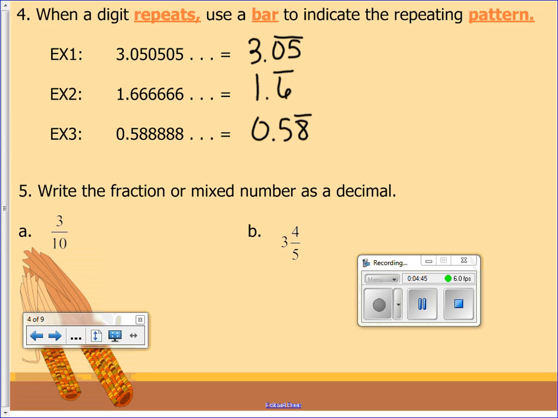In number 5, write a fraction or mixed number as a decimal. When you have a fraction and its denominator is 10, 3/10 can be written in decimal form as 0.3.